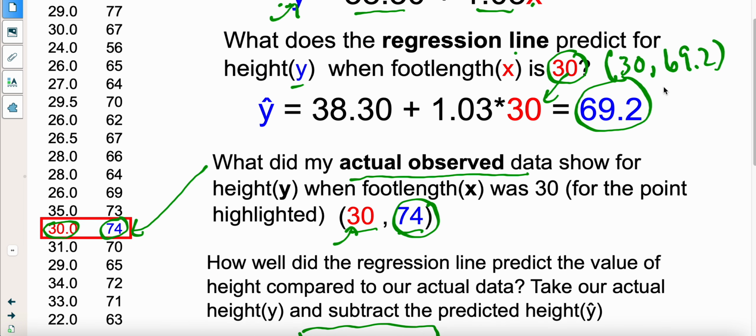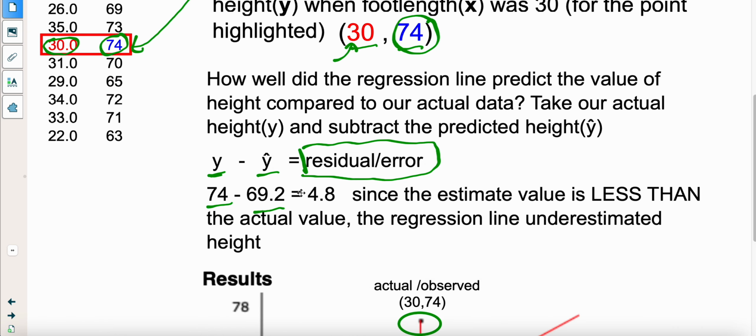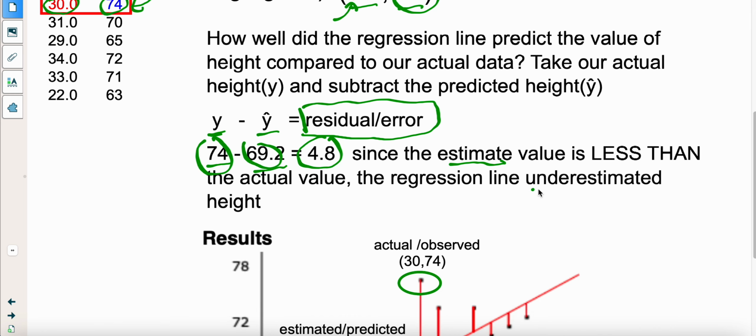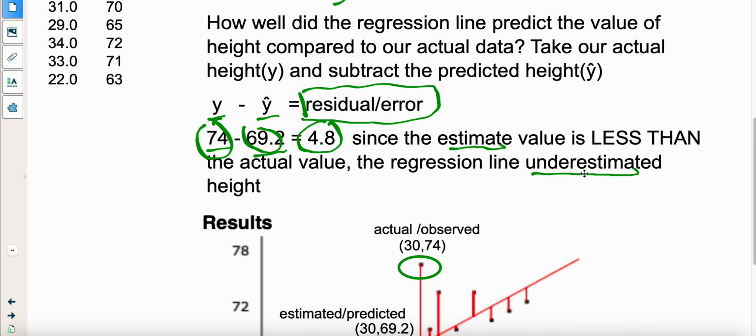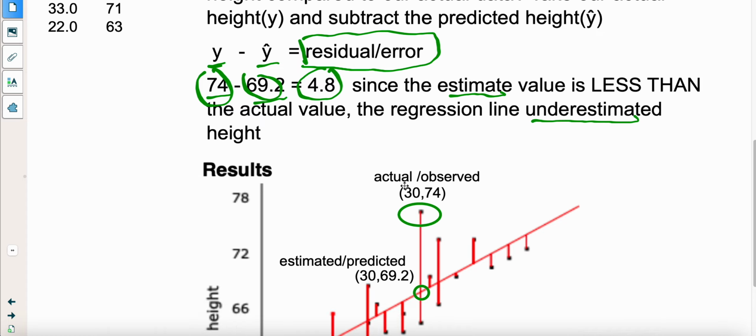When I put it in the prediction line to calculate it, I got 69.2. The difference was 4.8. The estimated value here is less than the actual value. That means my regression line underestimated height for this particular data point.